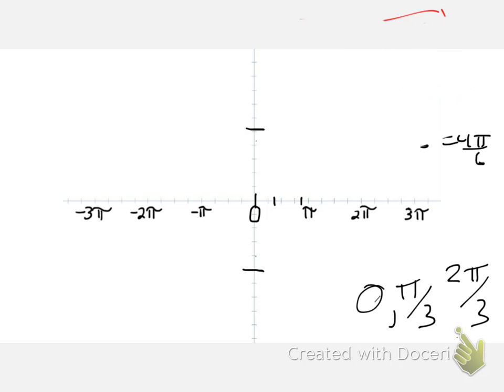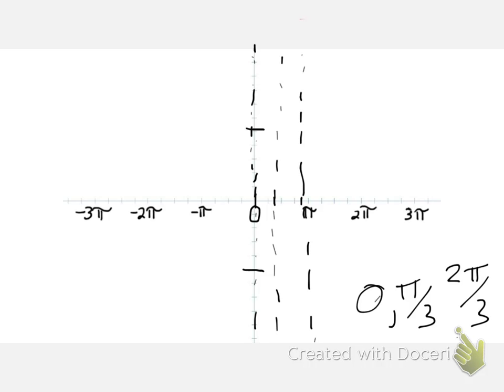So I have the framework for my secant. I have asymptotes, and negative 5 to 5 is where my graphs reach their lowest and highest points. So here's 1, and here's 2.